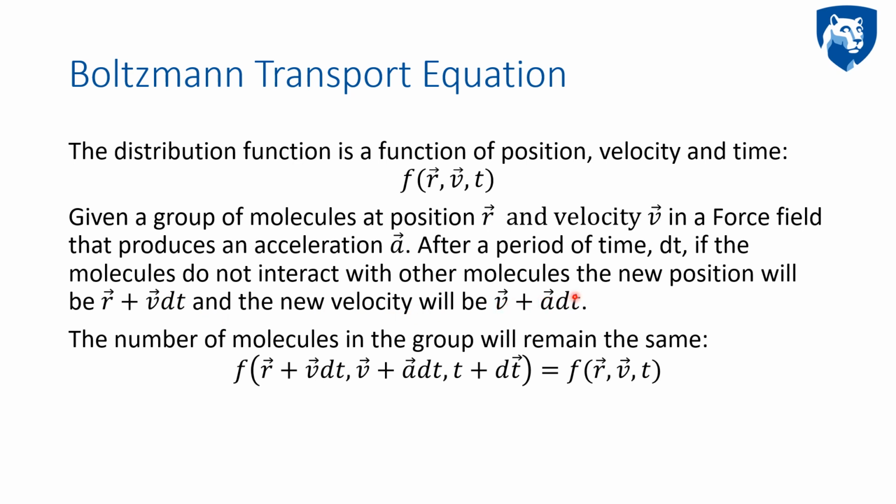And since these molecules aren't interacting with any other molecules, the number of molecules at this new position will be the same as the number of molecules at the previous position. So the distribution function will be the same as before.